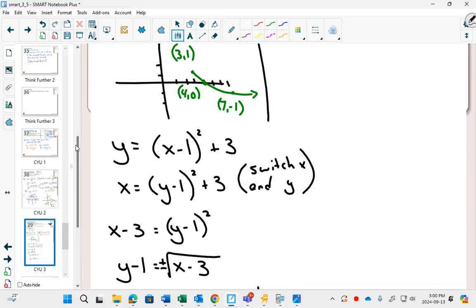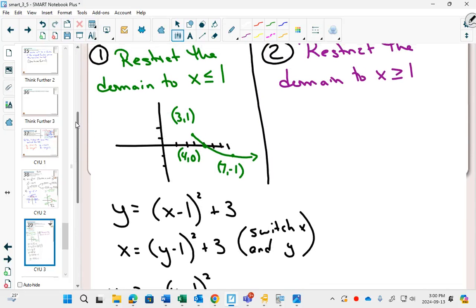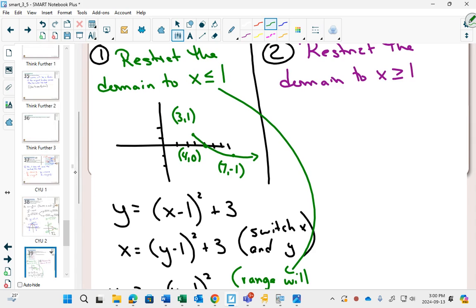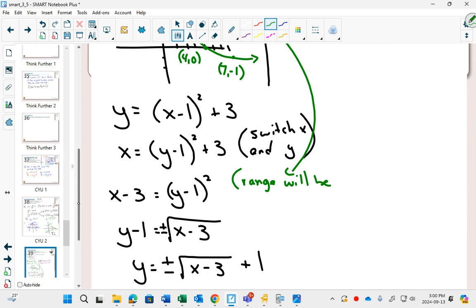Second way we can tell it's going to be the negative one: if you restrict your domain on the original one to x being less than or equal to 1, and x and y change everywhere, can you see once you switch that our range will be restricted to y being less than or equal to 1?